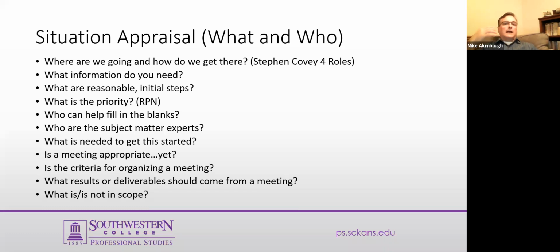There are a lot of questions that are part of this approach, and we're not going to be able to even get close to really getting in depth about the Kepner-Tregoe process. There are workshops available out there and people who can train you on this.